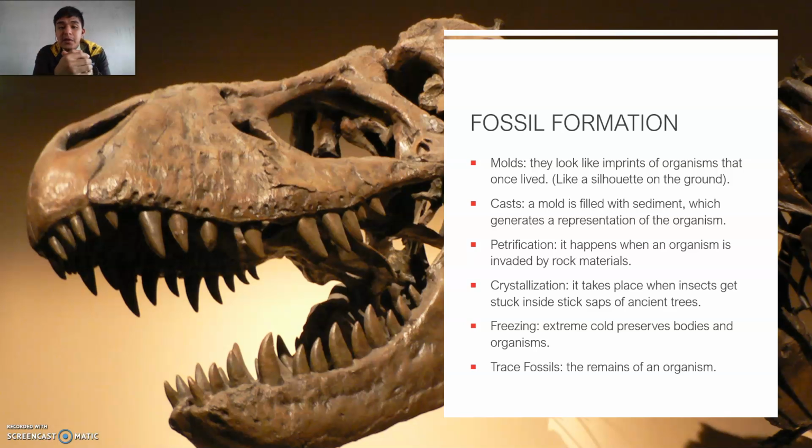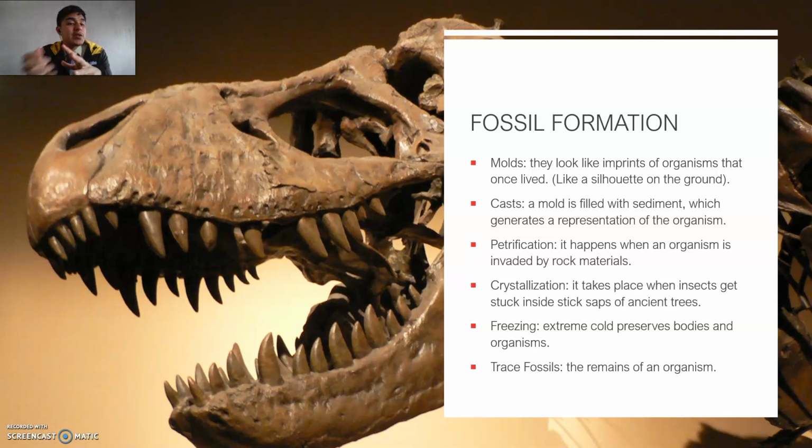We also have something called petrification. It happens when an organism is invaded by a rock material. So this is quite interesting because what happens is that once there was specifically, let's say, a solid object like bones, or we can say a shell from one prehistorical organism.